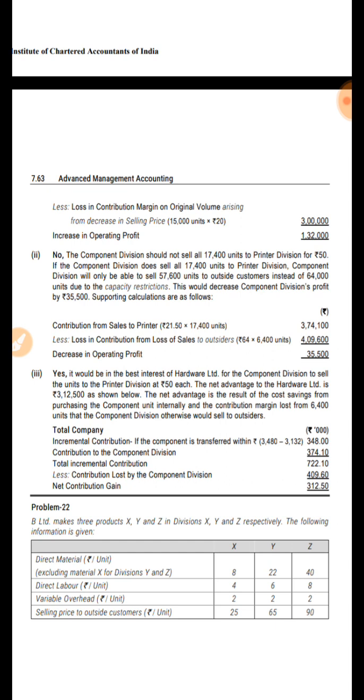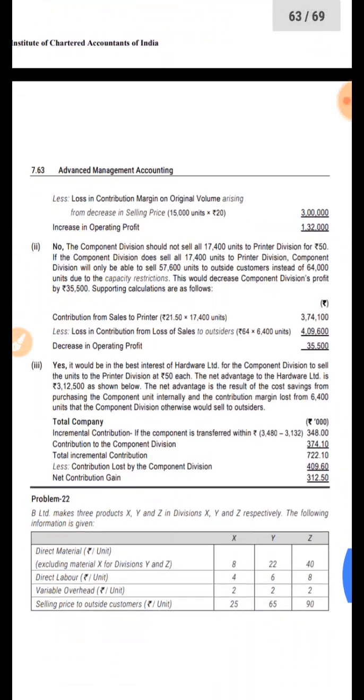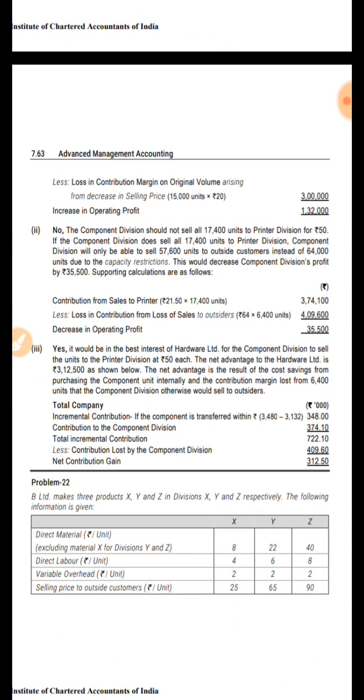Okay, and contribution lost by the component division is 4,09,600. So the net contribution gain is 3,12,500. So ultimately Hardware Limited is in profit. So the answer is yes, it would be in the best interest of Hardware Limited for the component division to sell the units to the printer division at rupees 50 each. The net advantage to Hardware Limited is 3,12,500 as shown below.